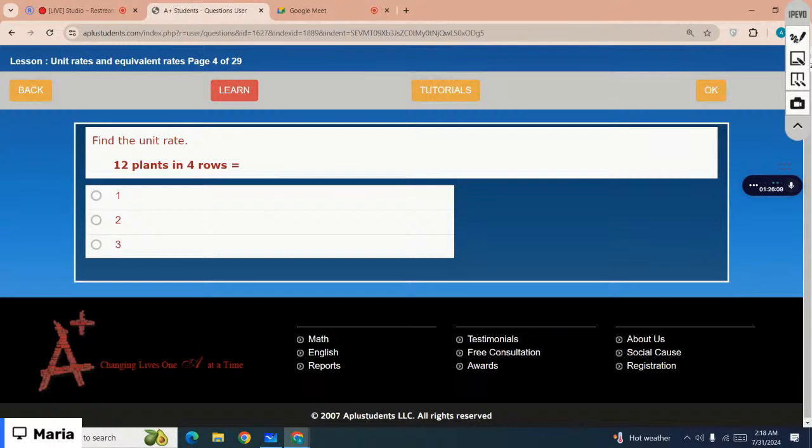Very good. That is three plants in one row. The correct option is three.